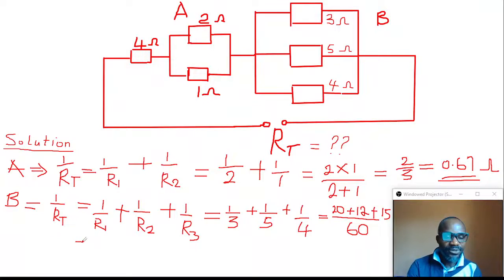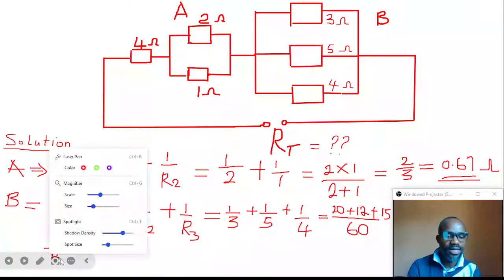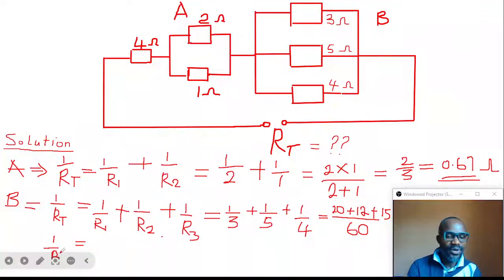So the answer is going to be 1 all over R total. R total here is going to give us what we need, and it is 20 plus 12, which is 32. 32 plus 15 is going to give us 47. 47 all over 60.